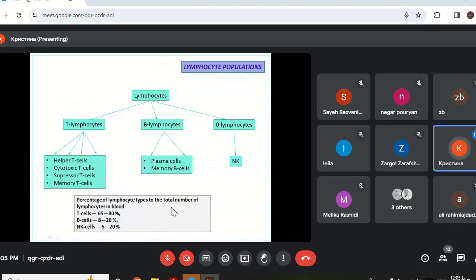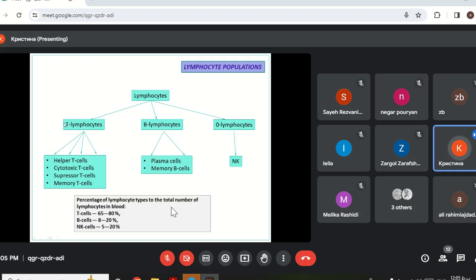So here you can see the lymphocyte populations. Lymphocytes are subdivided into T, B, and zero lymphocytes. Zero lymphocytes develop into natural killer cells. B lymphocytes develop finally into plasma cells, which release antibodies, and memory B cells, which store the information about the infection.